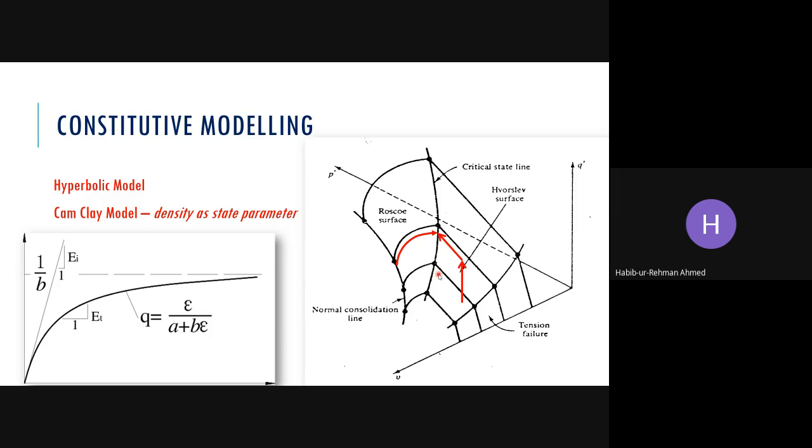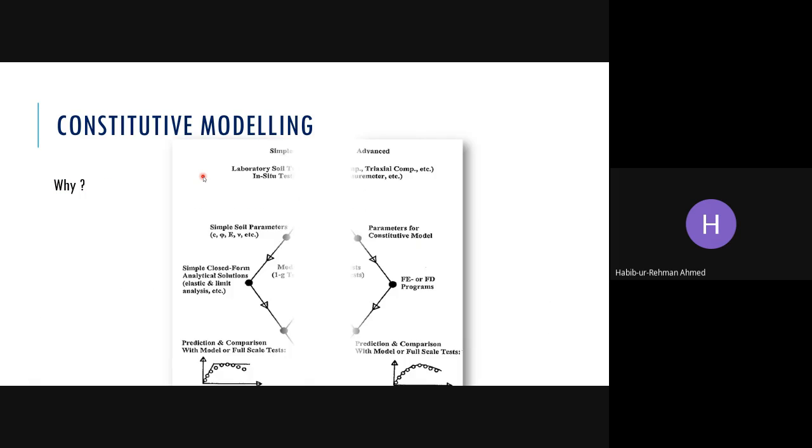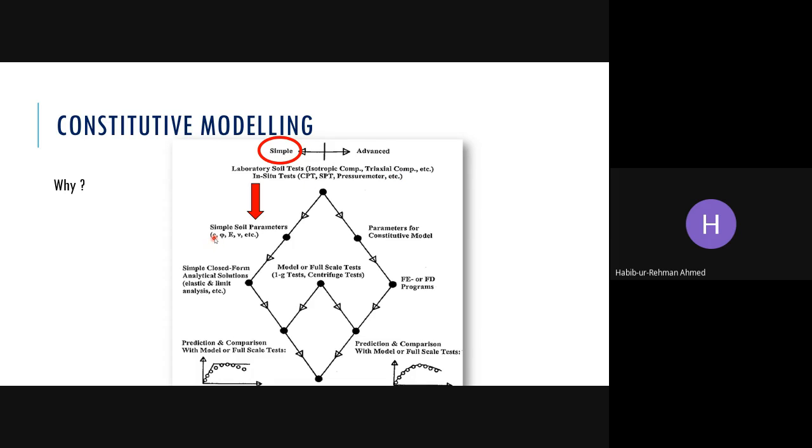Okay, now how do we use? We have seen that Mohr-Coulomb can be used for finite element, but generally it is being used for the closed form solutions. Okay, so here we have the split up classification. If we have simple type of models, we can get parameters from very simple laboratory tests, like for example these parameters C, phi, E, and mu, which we have seen, and we will use these in closed form solutions.